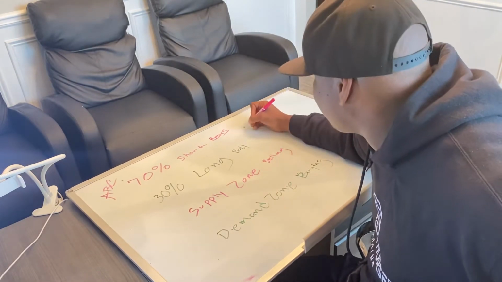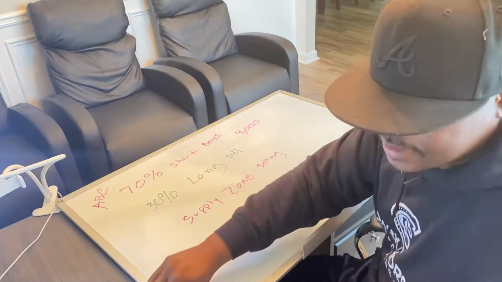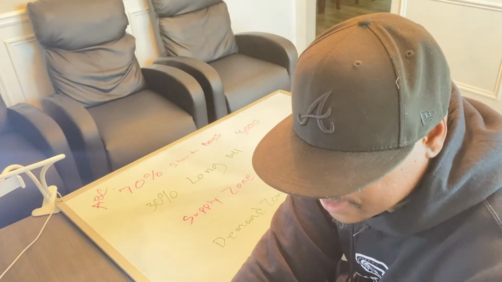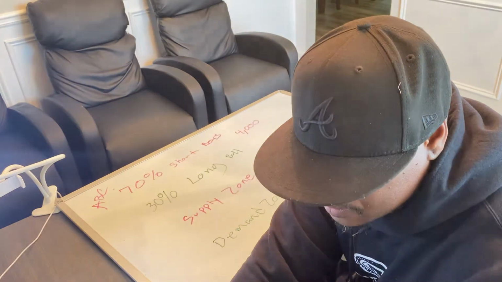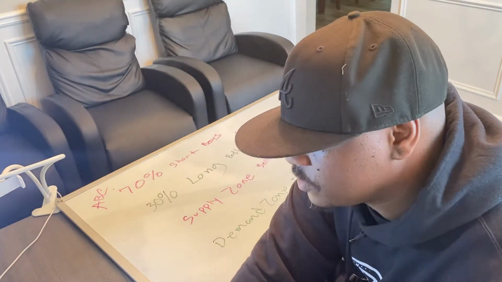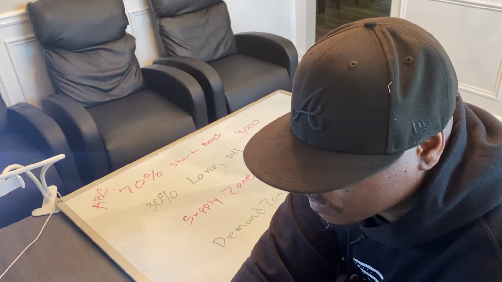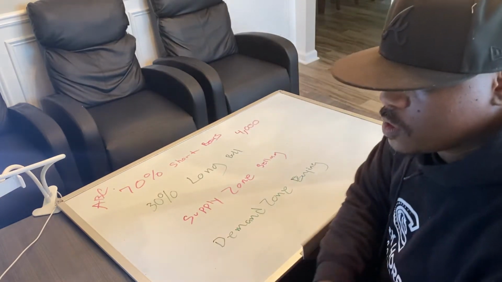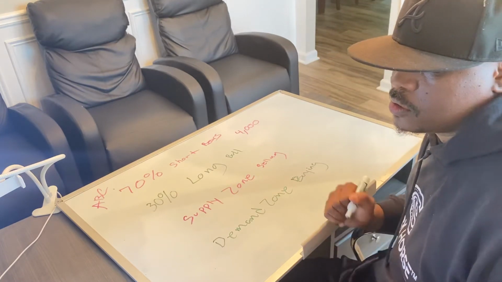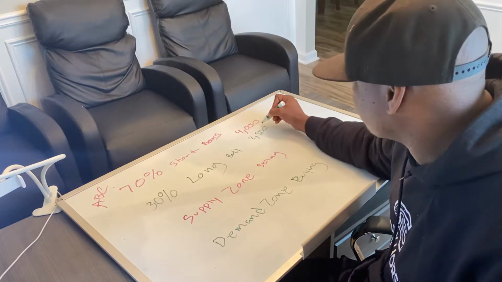So out of my 4,000 friends, let's see how much 70% of that is. I think I got a little bit more than that, but I'm just keeping it simple. All right, we're gonna do 70%. So that's gonna be 2,800 of my friends.